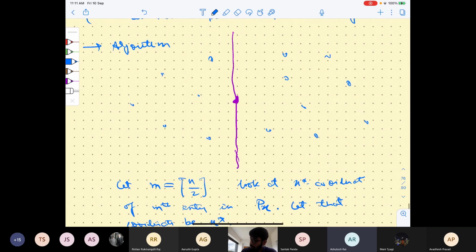Suppose here is the axis, so you have this x star here. This is the line which divides the plane into two halves such that roughly equal numbers of points are on each side.